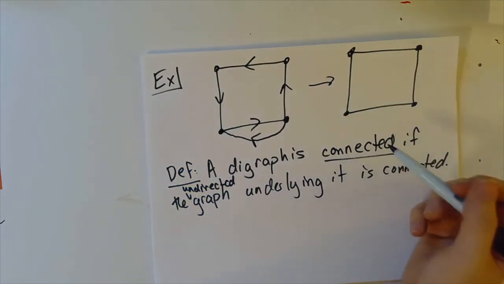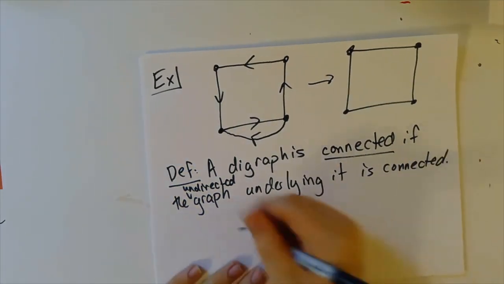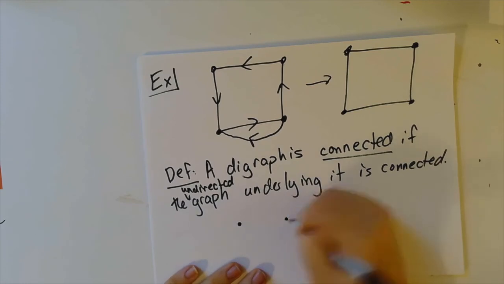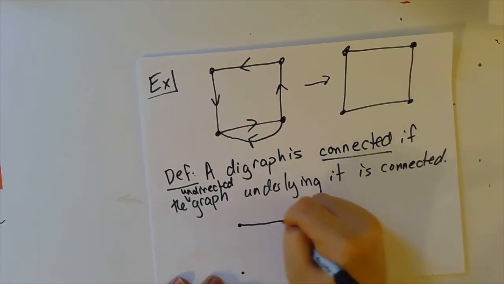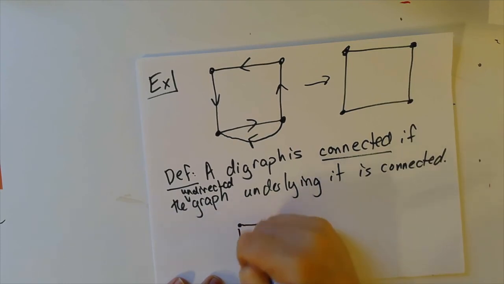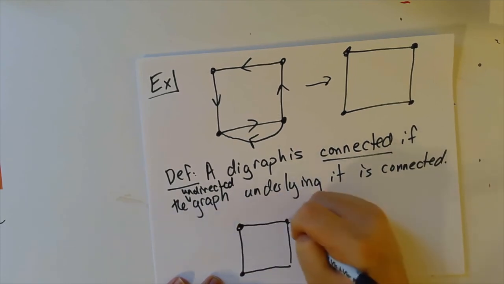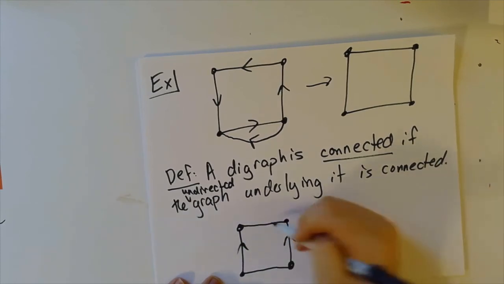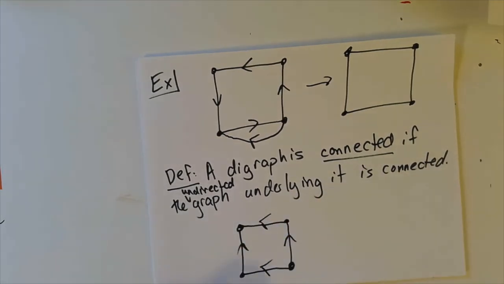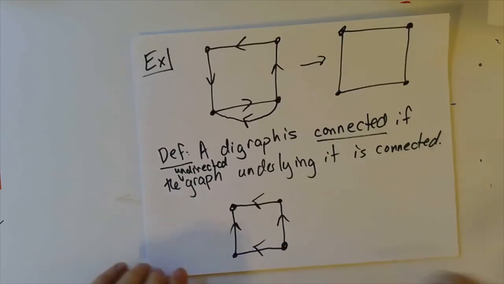Okay. Now, why is that not great? Well, here is an example of why that's not great. If I take this graph, this graph is connected.